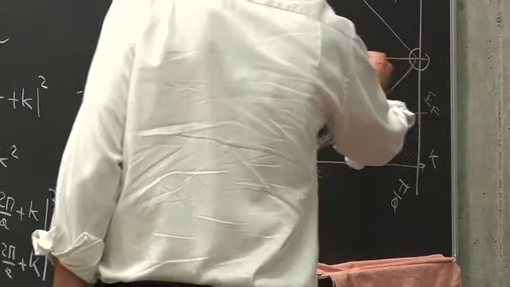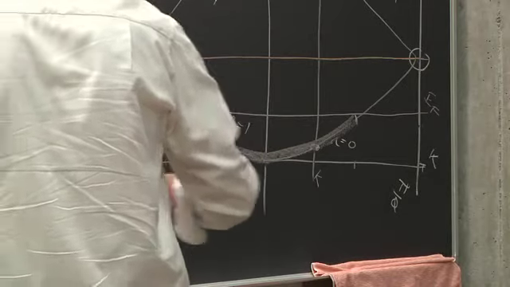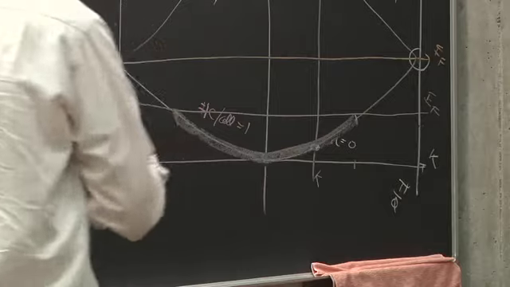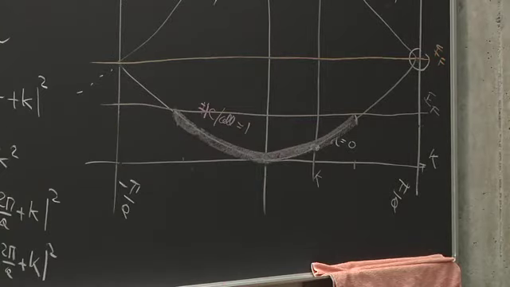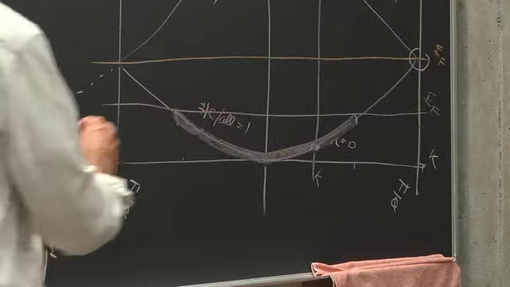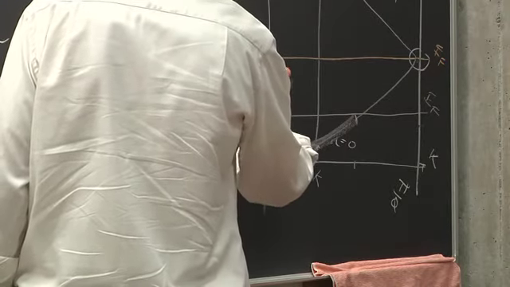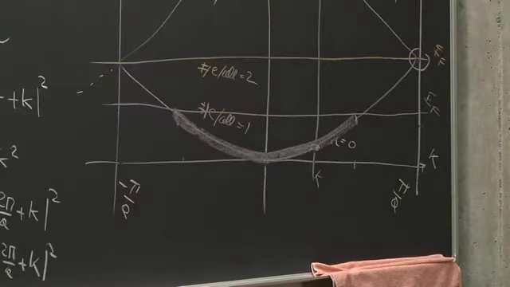That's actually quite interesting because my Fermi level hits a degeneracy. That's quite an interesting statement, and we'll see the consequences in a moment for that. So this would be for a number of electrons per cell equals 2, for example.